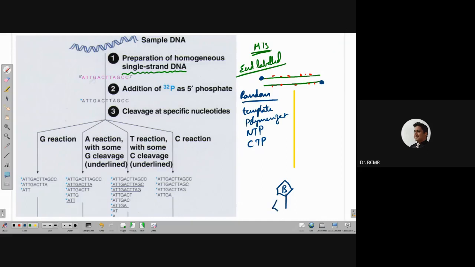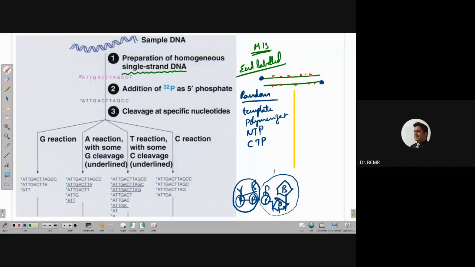Then we have the sugar, ribose. And then we have phosphates. So this is alpha, beta, and gamma. And during polymerization, these two, the pyrophosphate, is broken and released away. And this alpha phosphate gets incorporated.